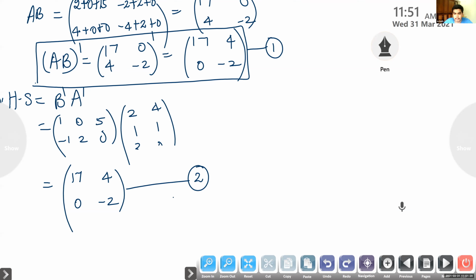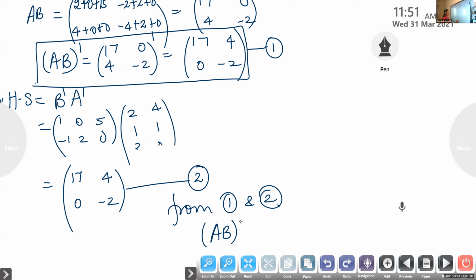Yes, ma'am. So from 1 and 2, you can say that AB the whole dash is equal to B dash into A dash. Are you getting this answer, Rijas?